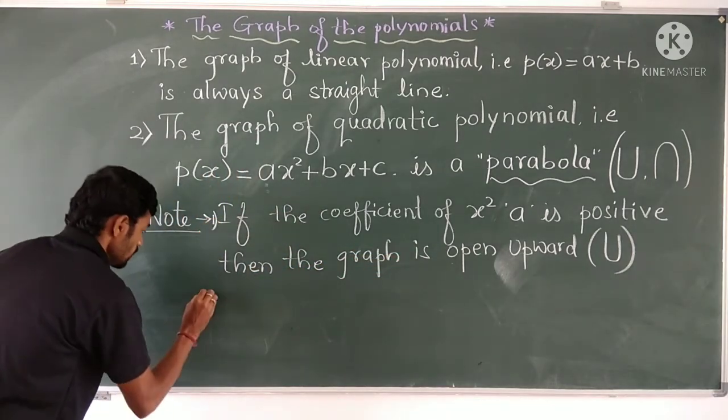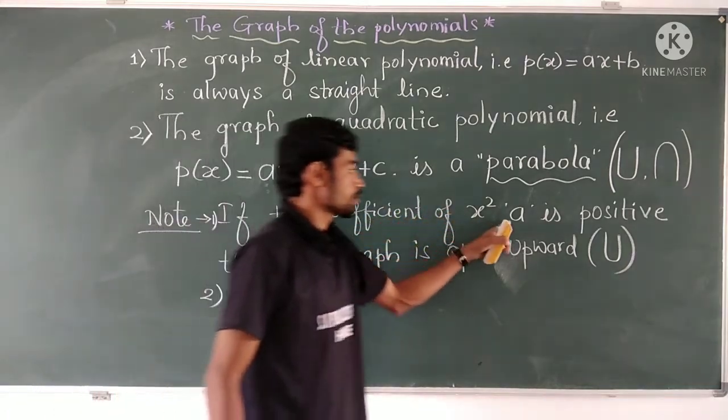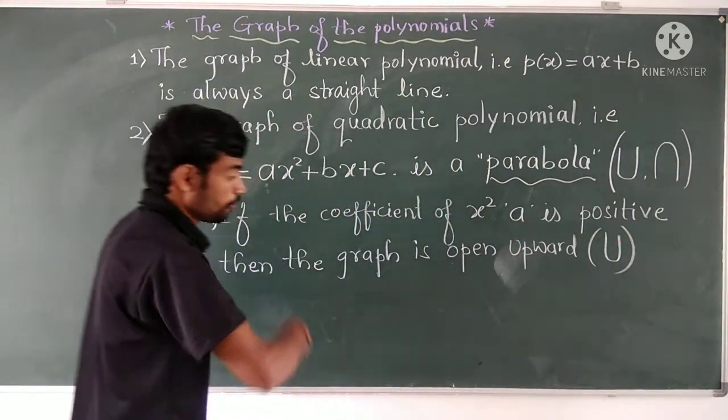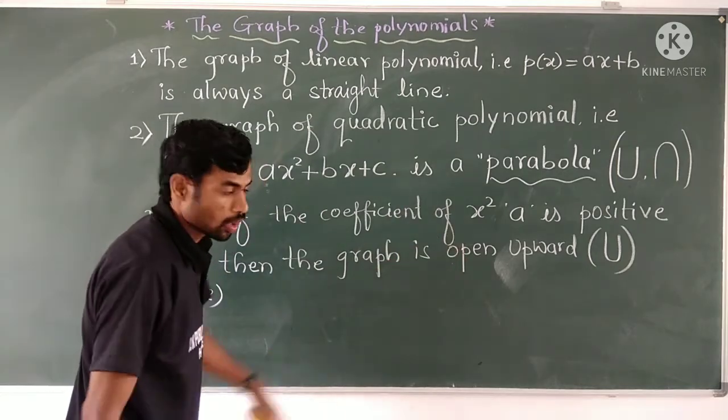Second one, if the coefficient of x square, a, is negative, then what type of graph do we obtain? An open downward parabola.